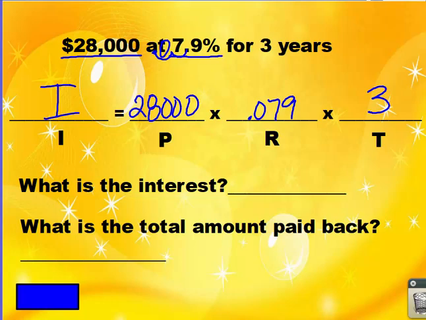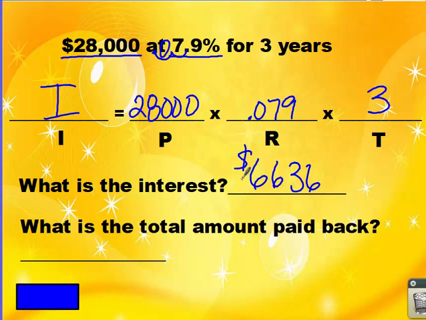So the amount of interest is $6,636. So that's the amount of interest that I would either earn if it's an investment, or that I would have to pay back in addition to the original principal amount for a loan.